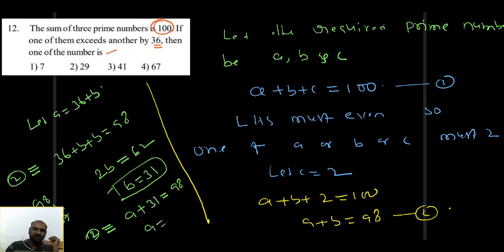A equal to 67, which is a prime number. This means the required primes are 2, 31 and 67. But this is a single answer type question, so I can't take the others as the answer; I can take this one as the answer for the problem.